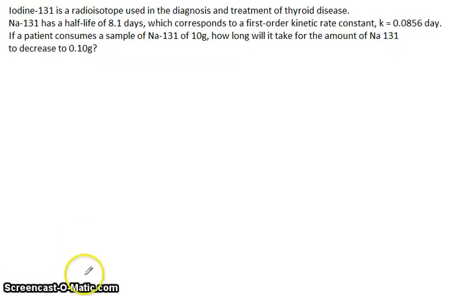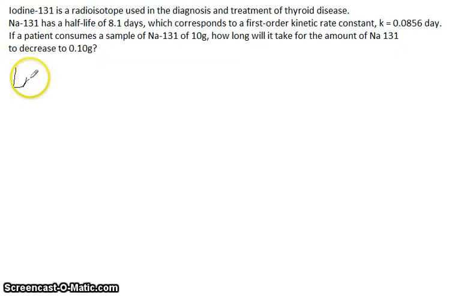So, besides using the half-life formula, you can also use something called the first-order kinetic rate constant. What does this mean? Well, basically, scientists use a simplified equation to determine the amount of substance in an object after a period of time. Here's the equation.